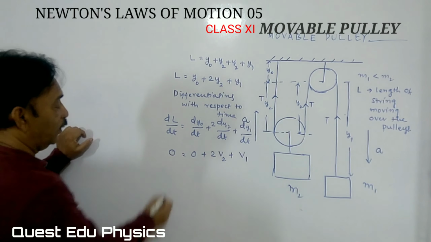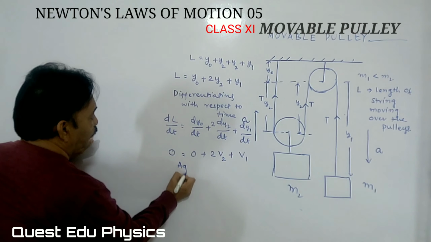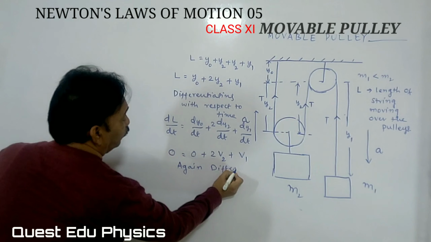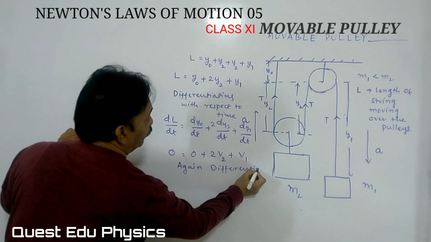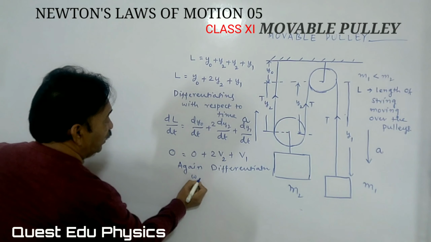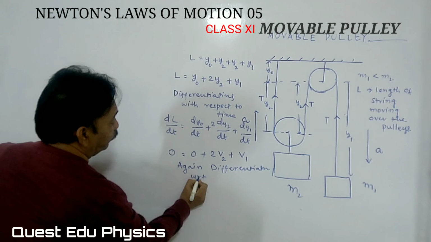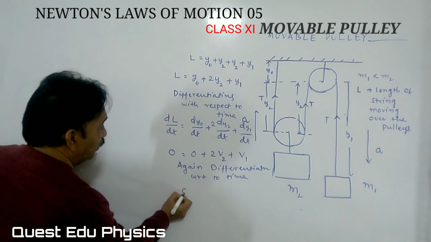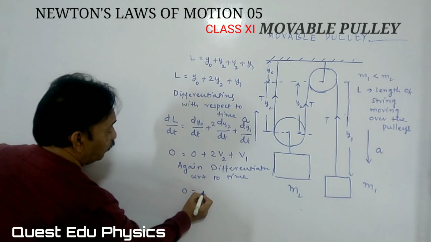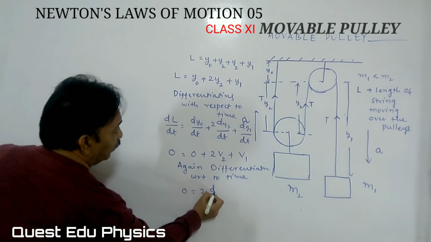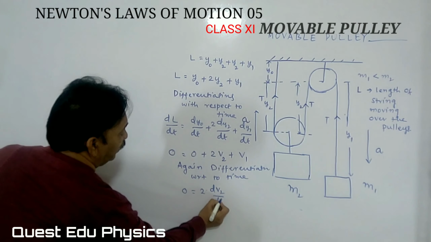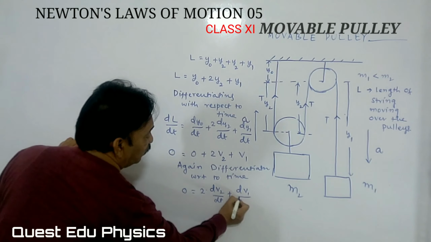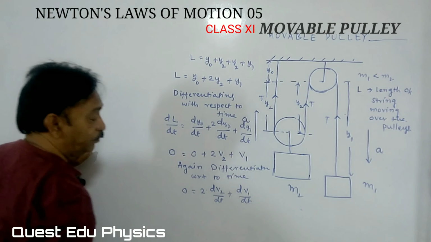Again differentiating with respect to time, we get 0 is equal to 2 dv2/dt plus dv1/dt.